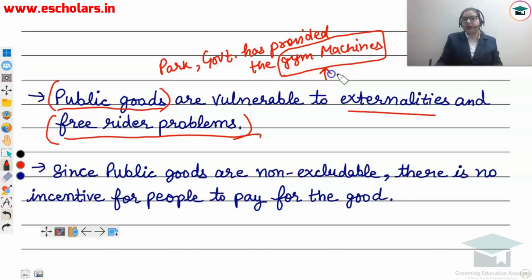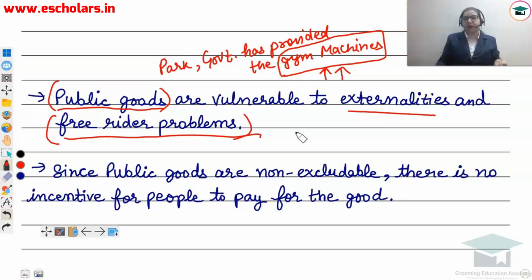So these machines will not be properly utilized by the people, right? They will not keep these gym machines clean and use them in a proper way. Everyone would like to spend more time on the gym machines, which will lead to breakdown of these machines. So these are called free rider problems.